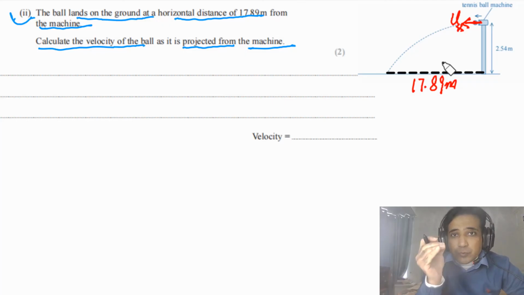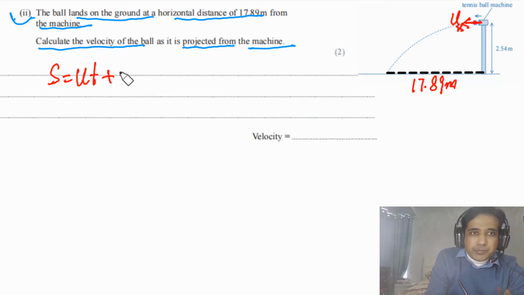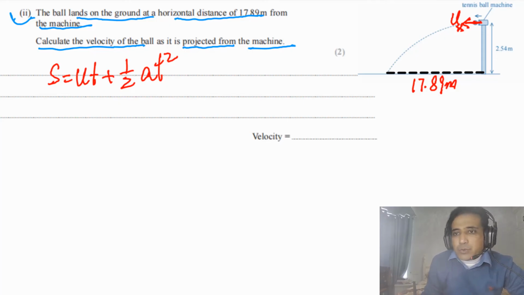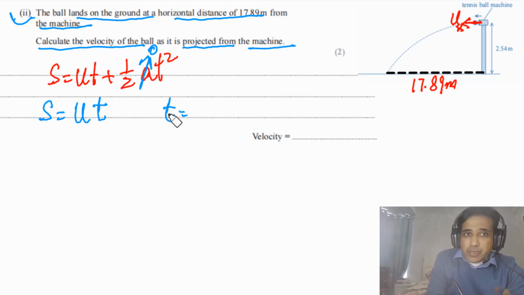As there is no force along horizontal, we can say s = ut + 1/2 at², and acceleration will be equal to 0. So we are left with s = u times t, and we have already calculated the value of time in part A: t was 0.72 seconds.